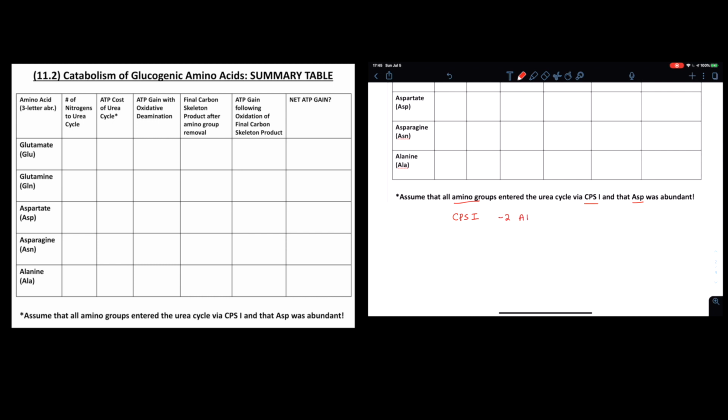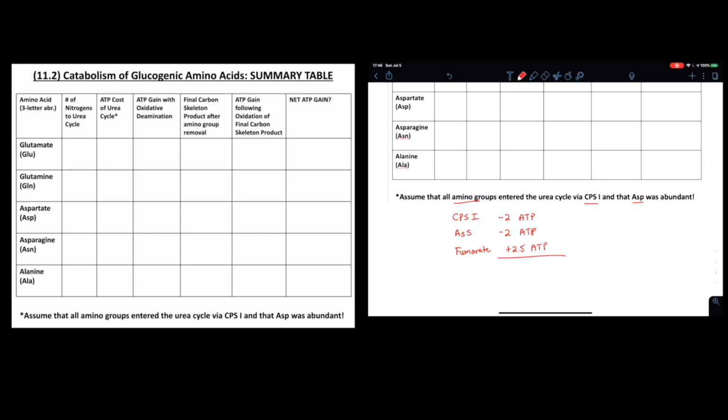minus 2 ATP. Then we have argininosuccinate synthetase, which also uses minus 2 ATP. And then as the urea cycle goes on, we're going to produce a fumarate. Okay, so we're going to write down that fumarate gets produced, which is going to give us plus 2.5 ATP.